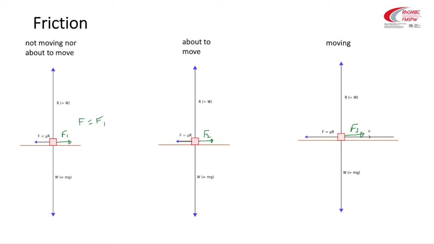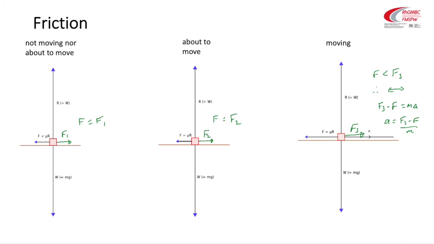So in the first instance, the frictional force is equal to the pulling force, or the force that's not pulling but trying to pull. In the second situation it's also equal, but it's on the point of getting to the third situation where the pulling force is greater than the frictional force, and therefore it accelerates in a horizontal direction.